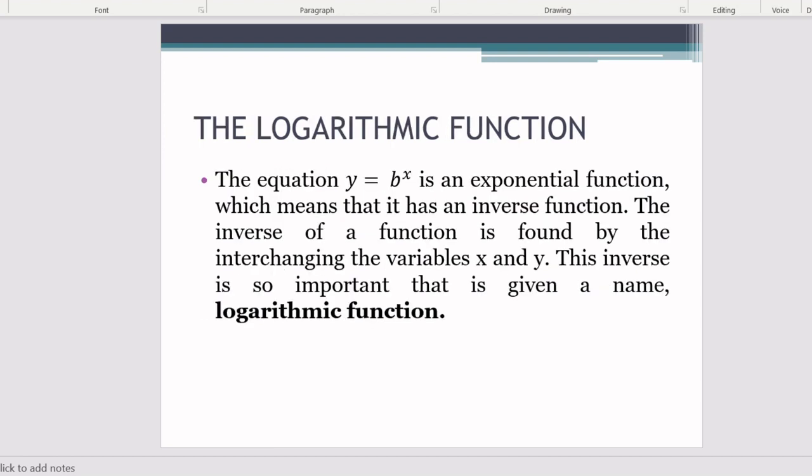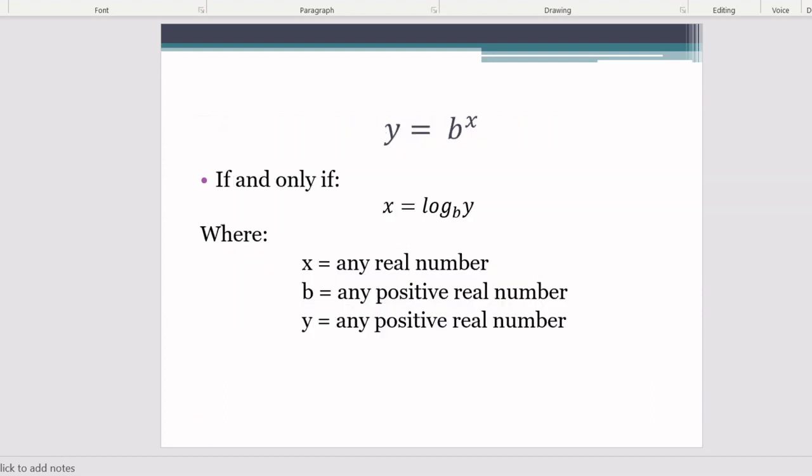Now, what about the logarithmic function? So the logarithmic function in a nutshell is just the inverse of an exponential function. Let's say the exponential function y is equal to b^x, when transformed, is equivalent to x is equal to log base b of y, where x is any real number, b is any positive real number, and y is any positive real number as well.